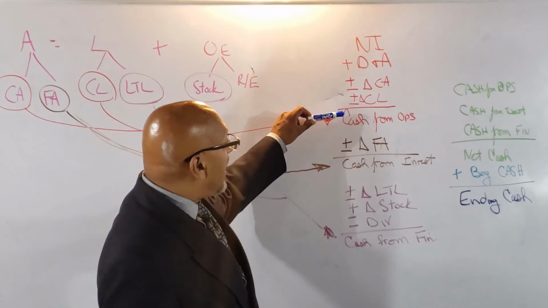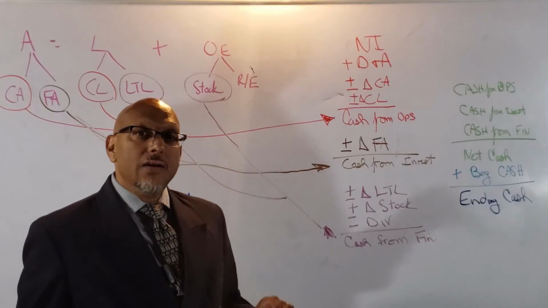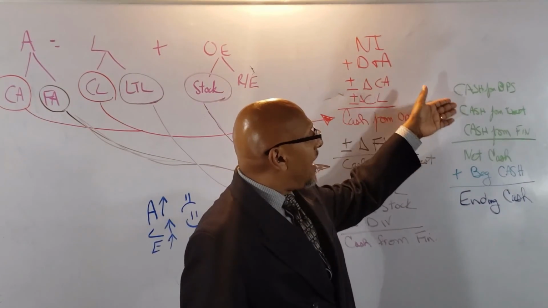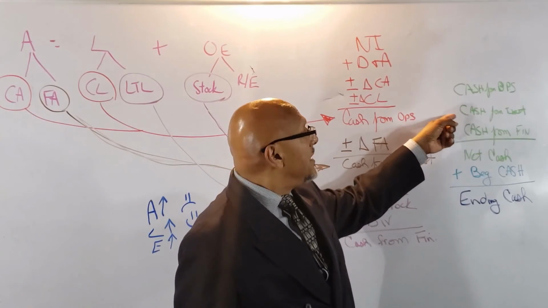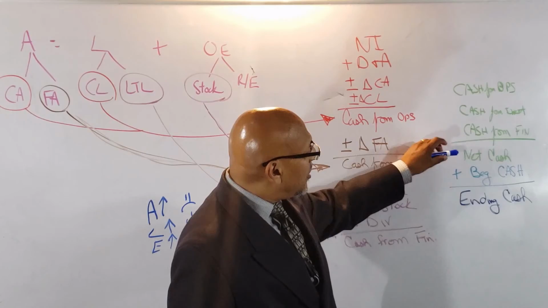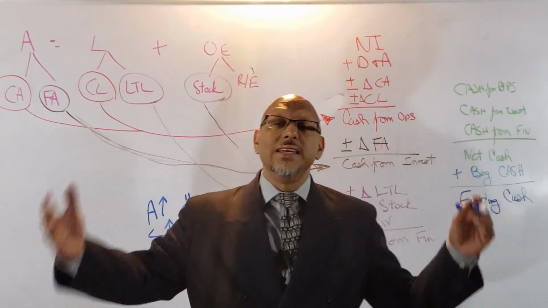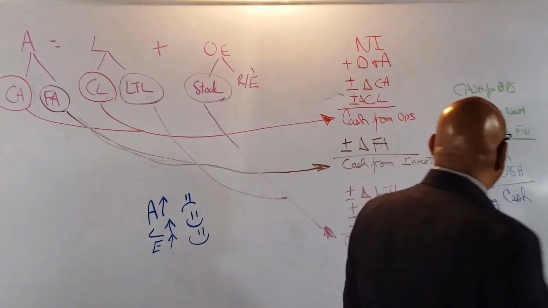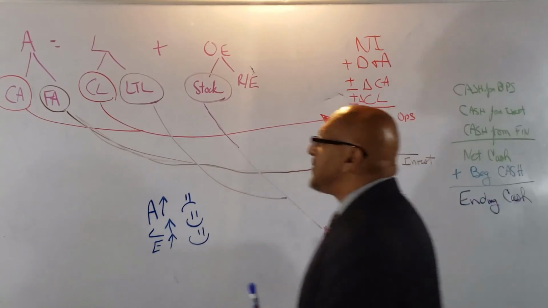Now that we have these amounts of cash here, here, and here, what we do is we put it all together. We take our cash from operations, add or subtract, depending if it's positive or negative, the cash from investing and cash from financing, and what we get is what's called net cash. That's the net cash for that period. We add in what was the beginning cash.